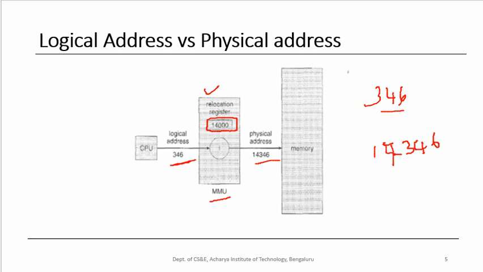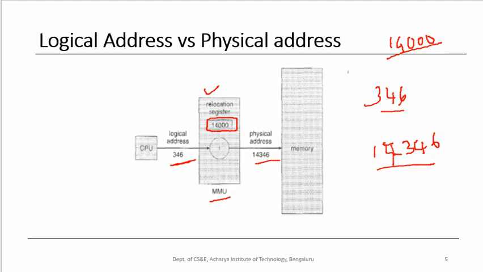Okay, so what is stored in the relocation register? It is 14000. That is like the base address of the memory segment in which this process is residing. That is added to the logical address generated by the process to generate the physical address. So this is how the logical address is mapped to the physical address in memory.